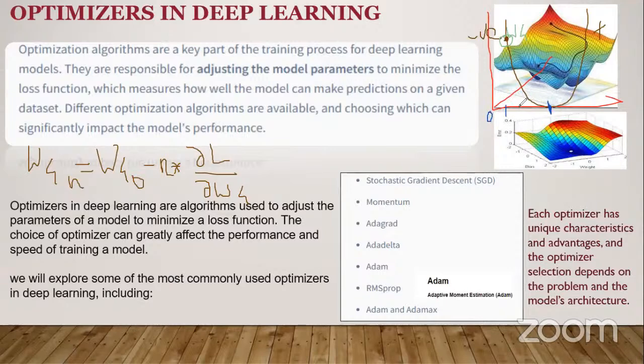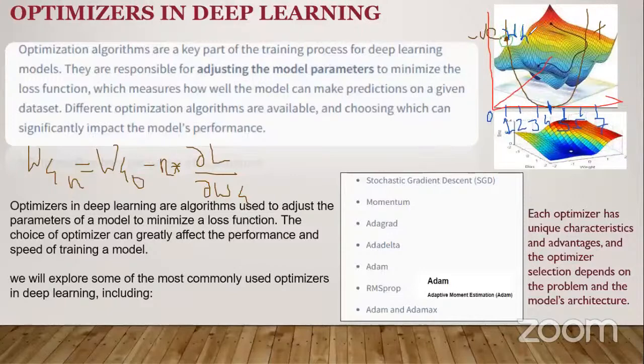Let's say this is 1, 2, 4, this is going on the higher side, 5, 6, and 7. So what I have to do is calculate the new weight. So this is my new weight.